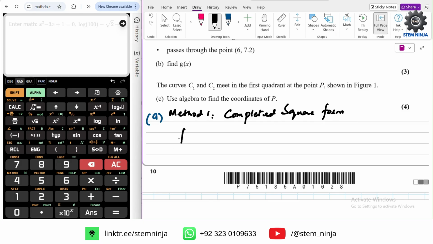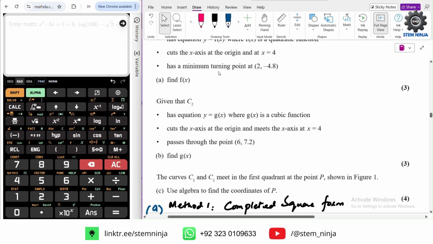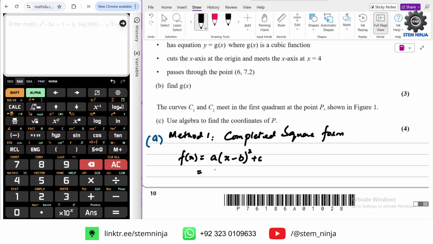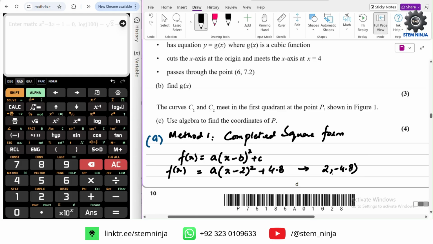So the general form of f of x can be written as a times x minus b, whole squared, plus c, where b and c are the turning point. They have given us the turning point 2, minus 4.8. So this can be written as x minus 2 whole squared minus 4.8. Yeah, this is your 2, minus 4.8, the turning point.